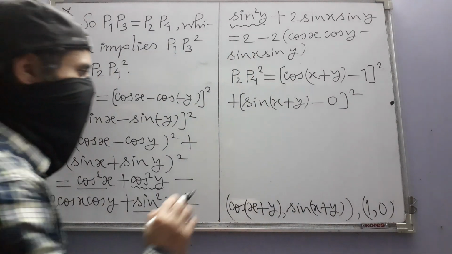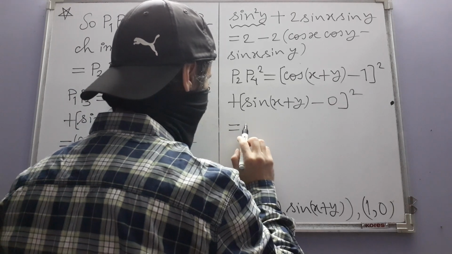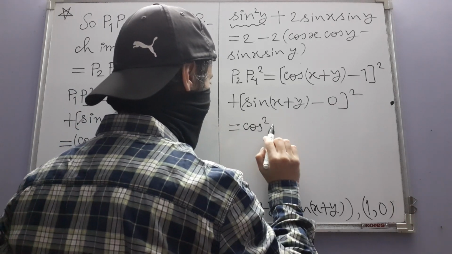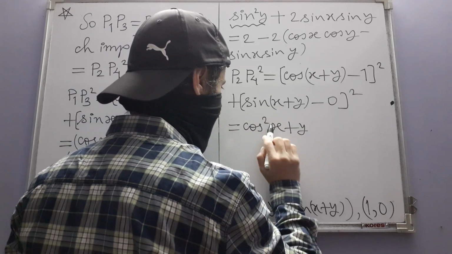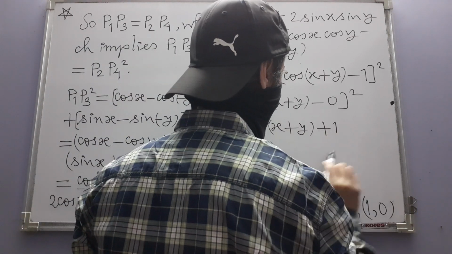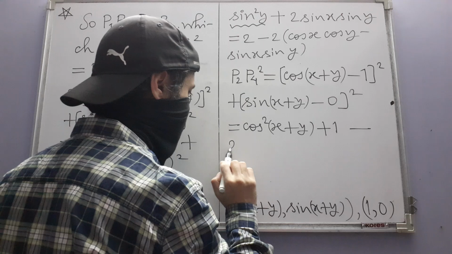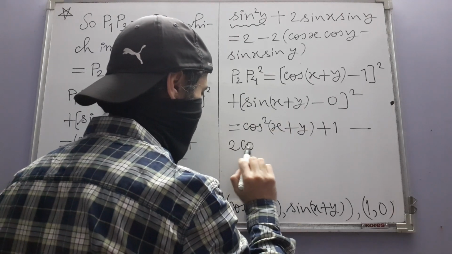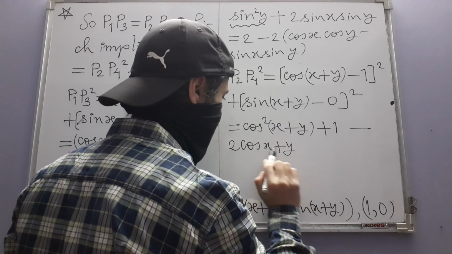All right. So this is going to be cos square x plus y plus 1 minus 2 times 1 times cos x plus y, so this.